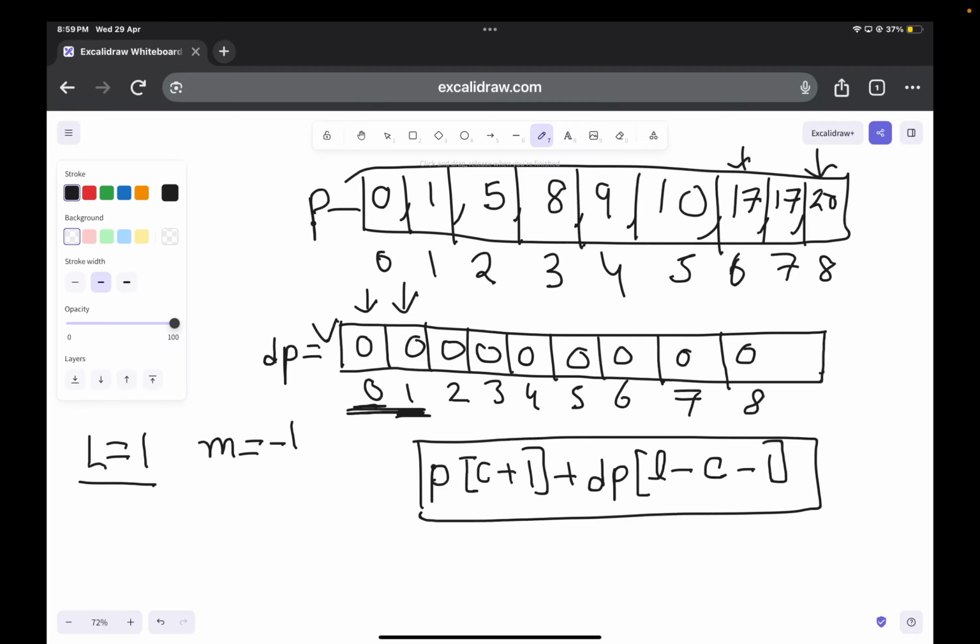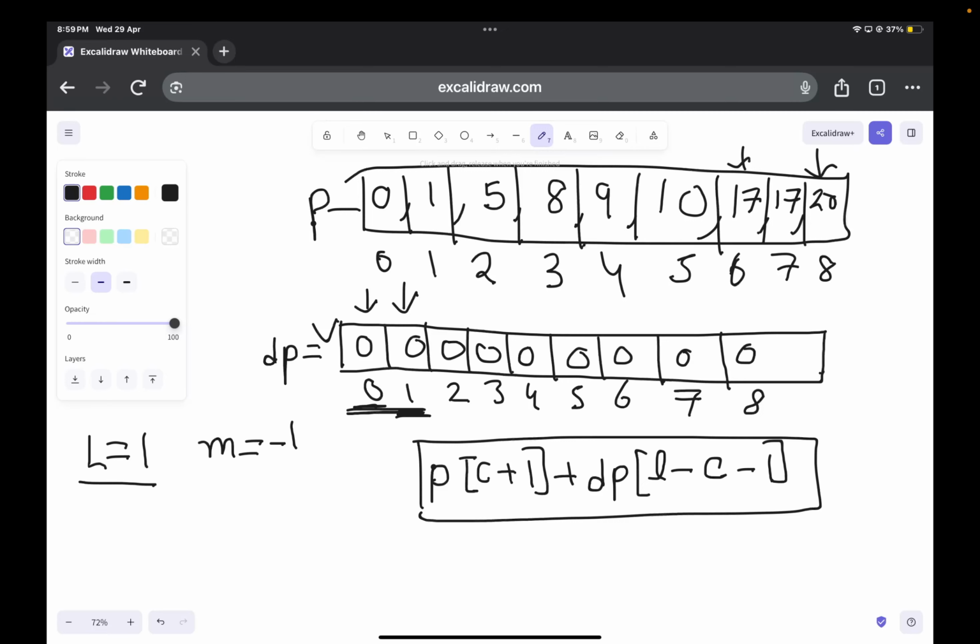Length 1 I cannot cut, because with 0 length, if you cut, it is nothing. You can't cut half also. Half is not allowed. You just have to cut in a discrete manner. Discrete means one integer manner, not a float manner. Understanding?